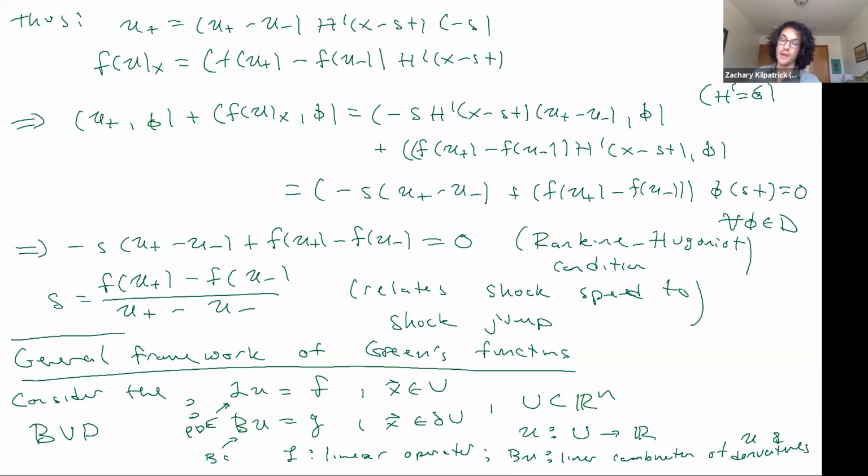So, for example, you could have a Dirichlet boundary condition, you could have a Neumann boundary condition, you could have mixed boundary conditions. Those are typically the kinds of boundary conditions that we're going to look at.